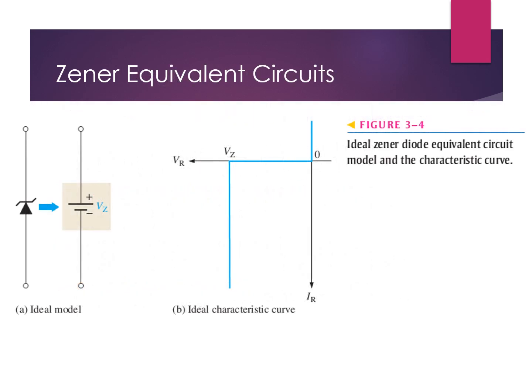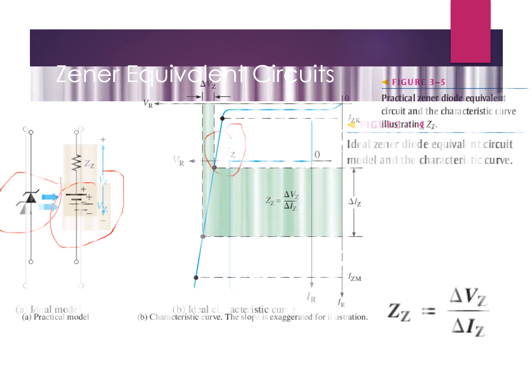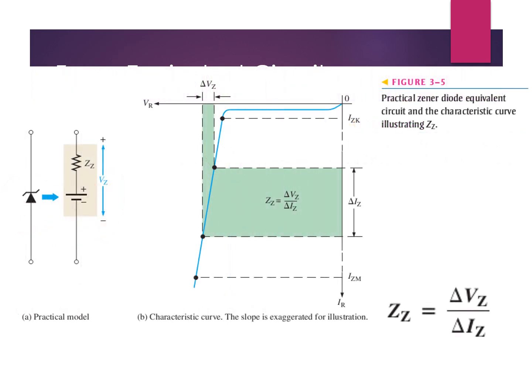Here you can see, this can be replaced by a voltage source. This is the equivalent circuit. This is the breakdown voltage where it occurs. After that, even though there is an increase in the current, your voltage remains constant.